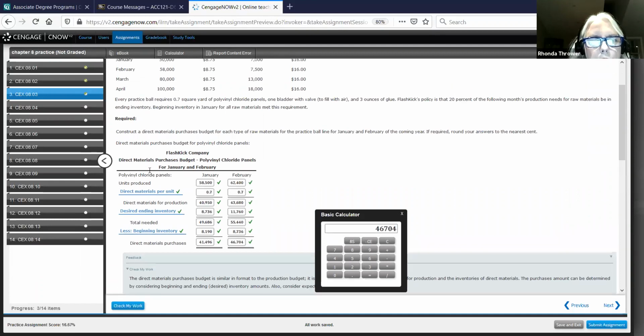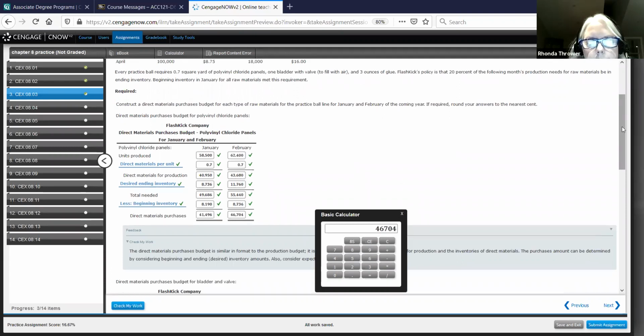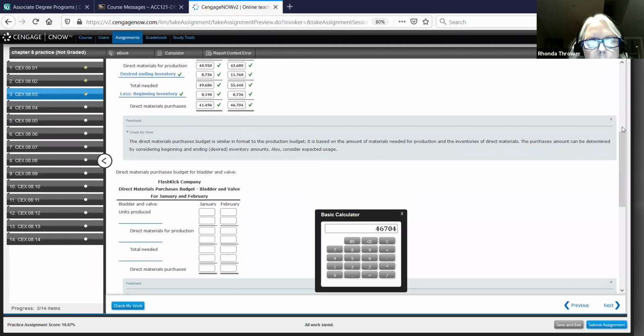And that's how you do the direct materials purchases budget. So it had gotten a little bit complicated because they had all this stuff in here about the ending inventory and the production needs. So just be careful with it.